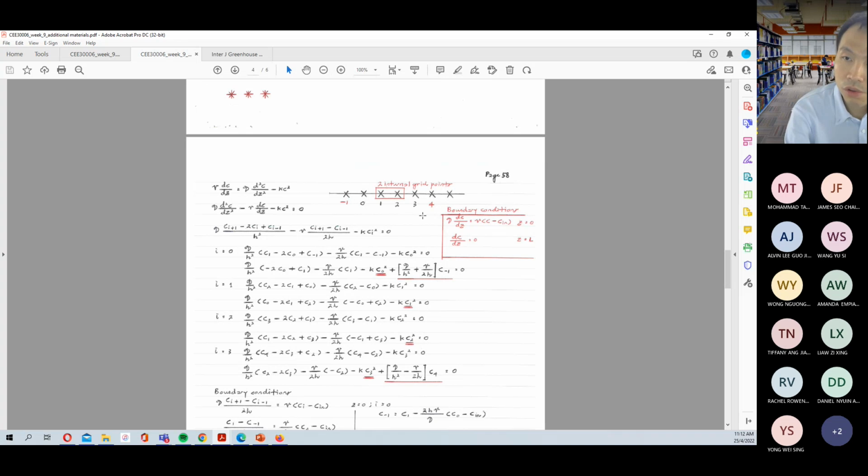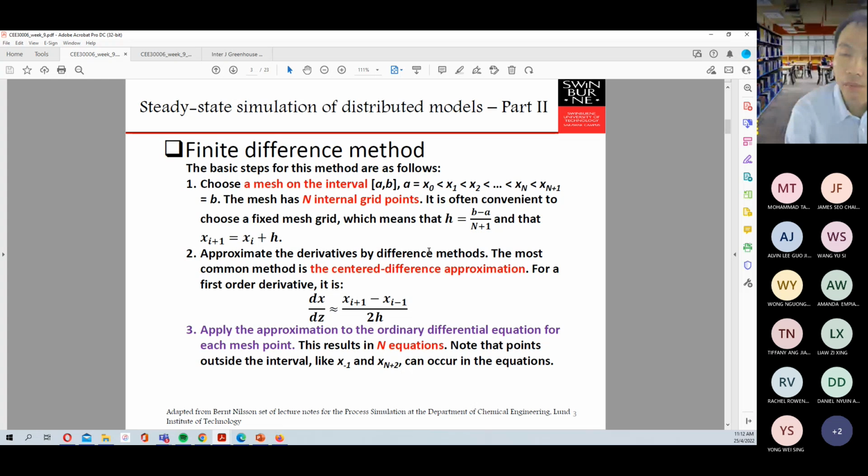From 0 to 4, you are creating internal grid points 1, 2, 3. So your step size will be b minus a divided by n plus 1, so that you have this kind of relationship that connects the point xi plus 1 with xi.